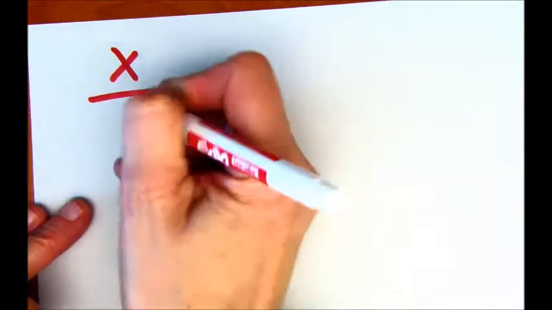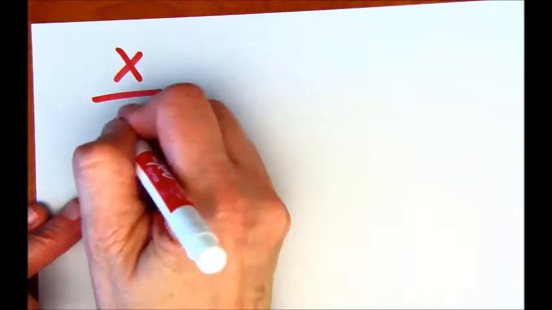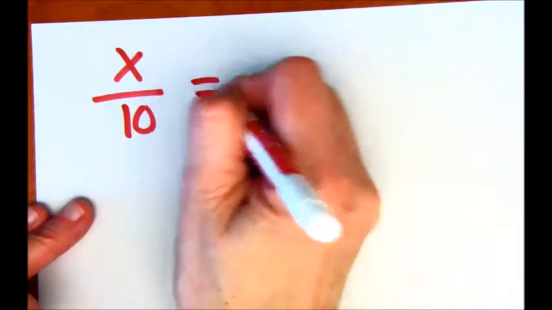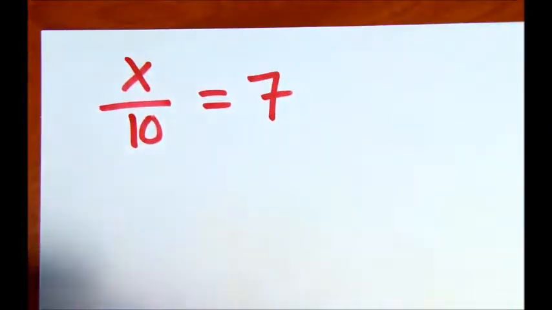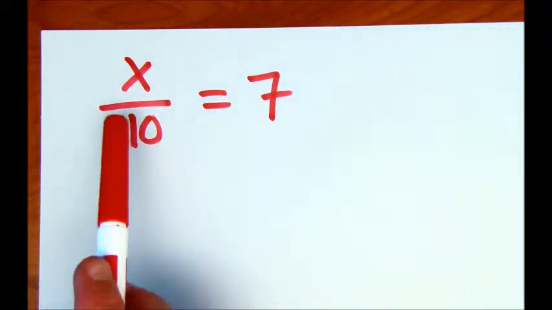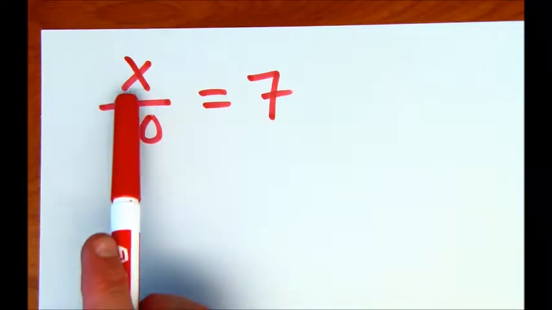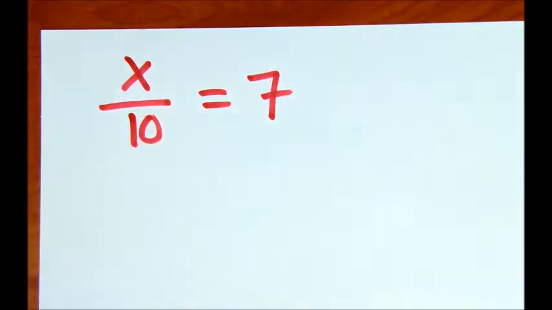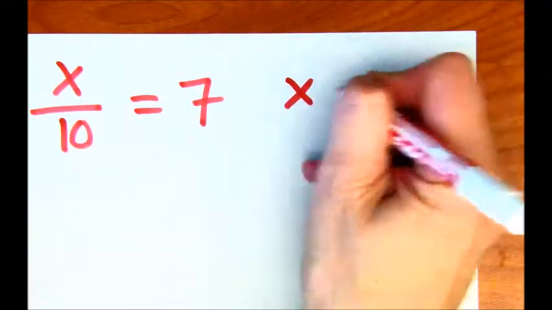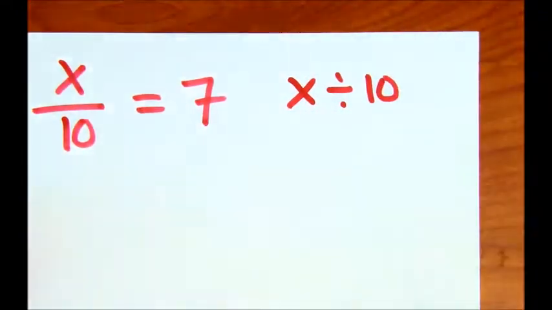All right, let's say we have the variable up on top of a fraction set up. Okay, so you want to think of it in terms of what operation is going on here. This is really x divided by 10.